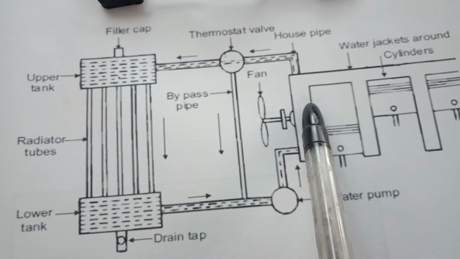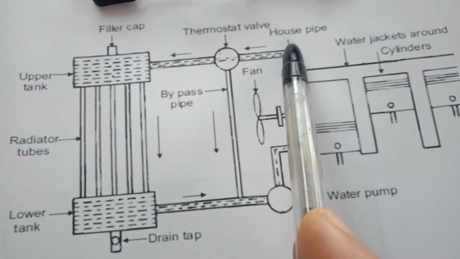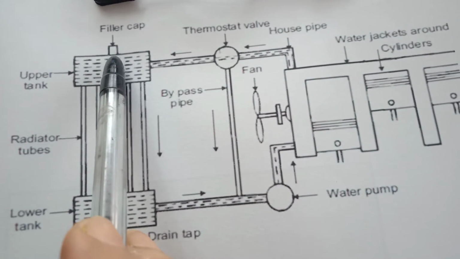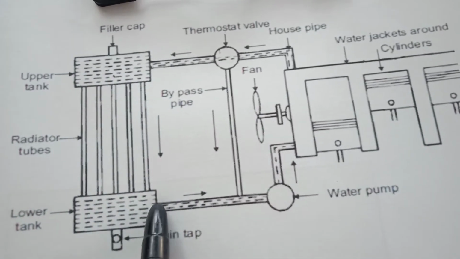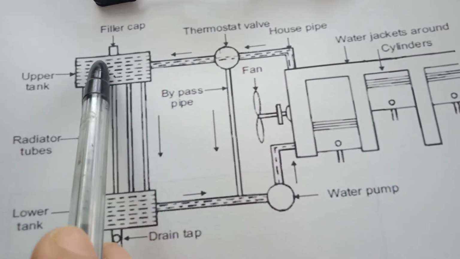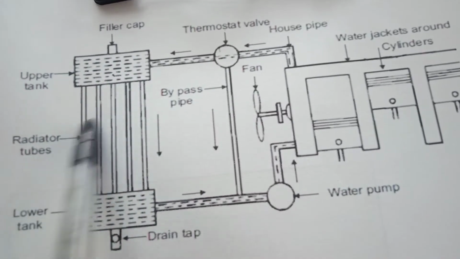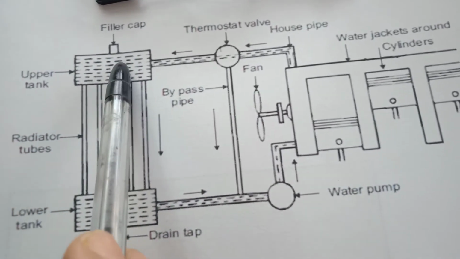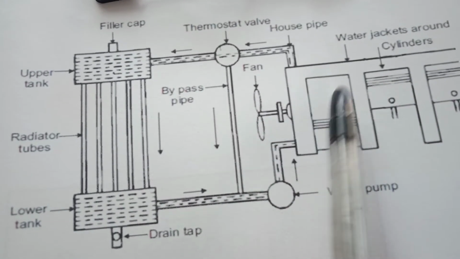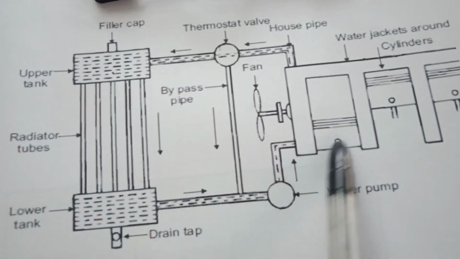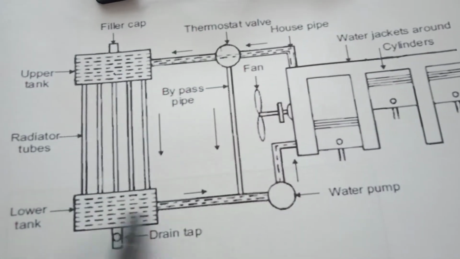Then this water is pumped to the radiator, where heat transfer takes place by the convection process between this water and the incoming air. So this heated water is cooled down, and then again it is passed to the engine. This is typically the construction of a water cooling system.